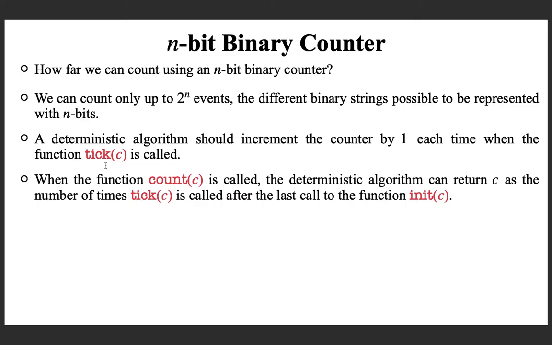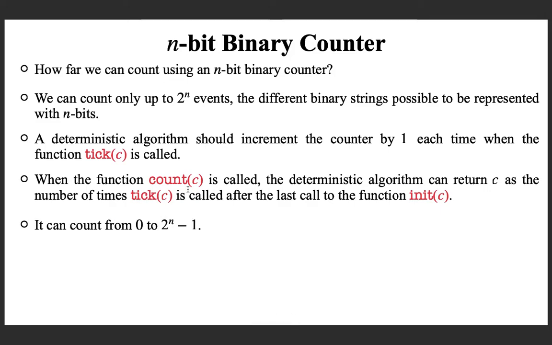Here we allow the user to do initialization anytime, and that is why the value returned should be the number of times tick or increment happened after the latest initialization.